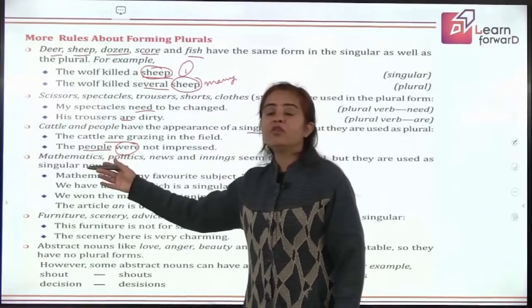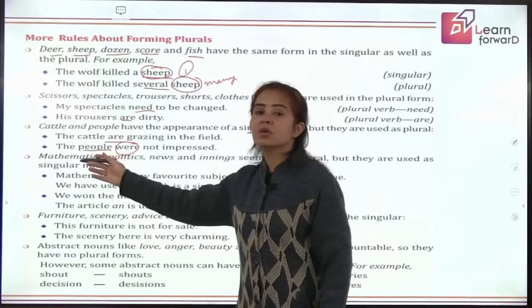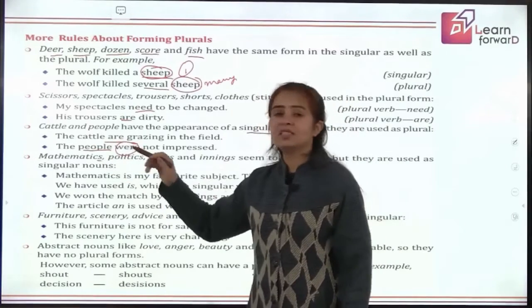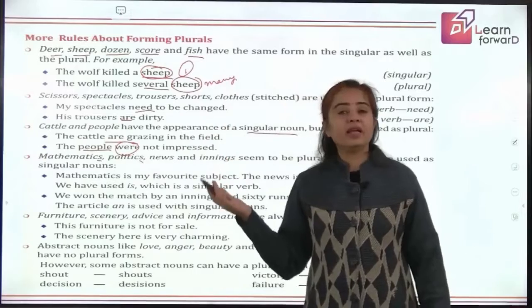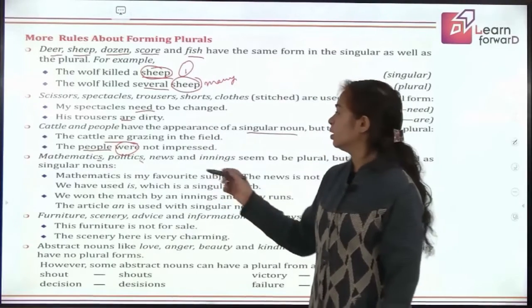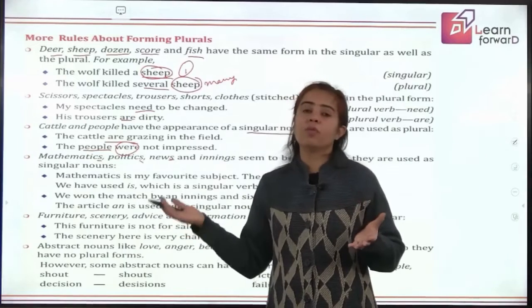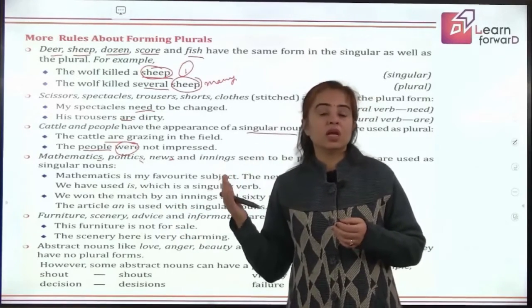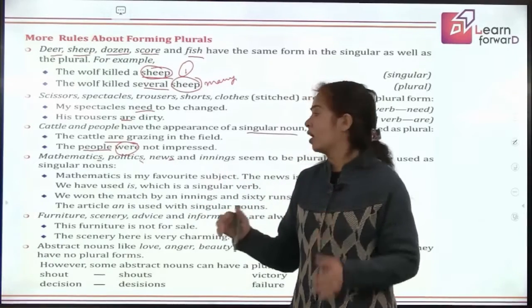Now there are a few words which end in S, but they are singular, like mathematics. It's just a subject. If it ends in S, it does not mean it is plural. Politics ends in S, but it's used as singular. News. We might have many news items from all around, but we still say, I am listening to the news. The news is interesting. We never say the news are.